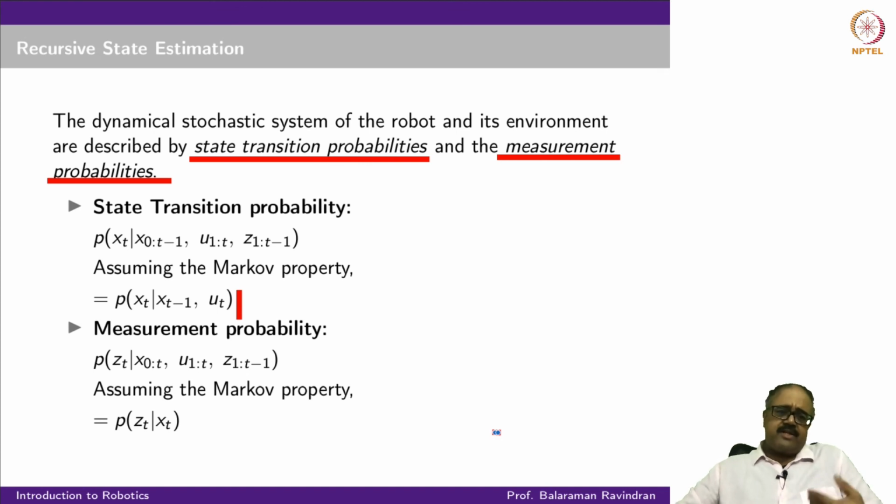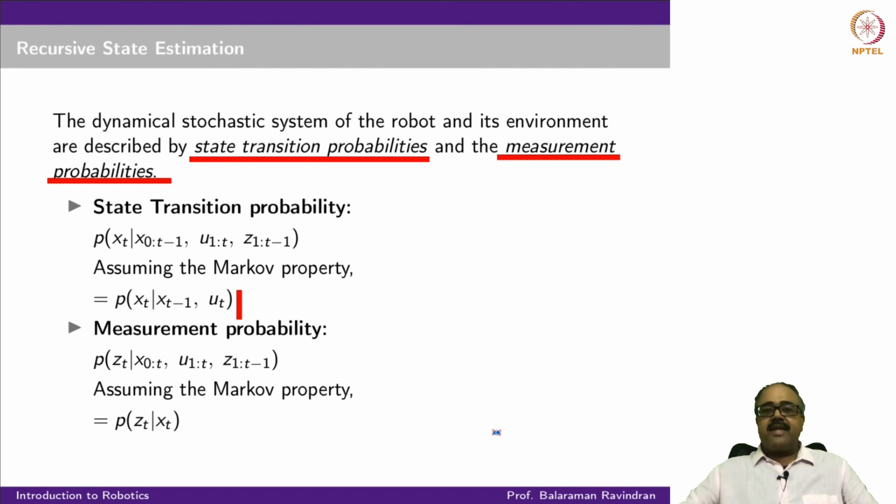Here is one question you might have: why does zt not figure in this expression? Because zt really doesn't cause the transition. If I am in xt minus 1, I take ut, I go to xt. Yes, zt is useful for us to estimate what xt should be, but zt does not really cause xt.